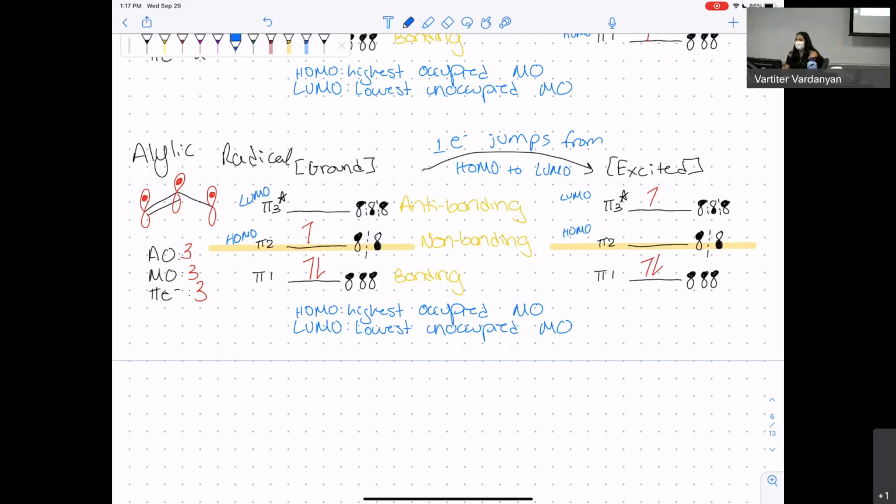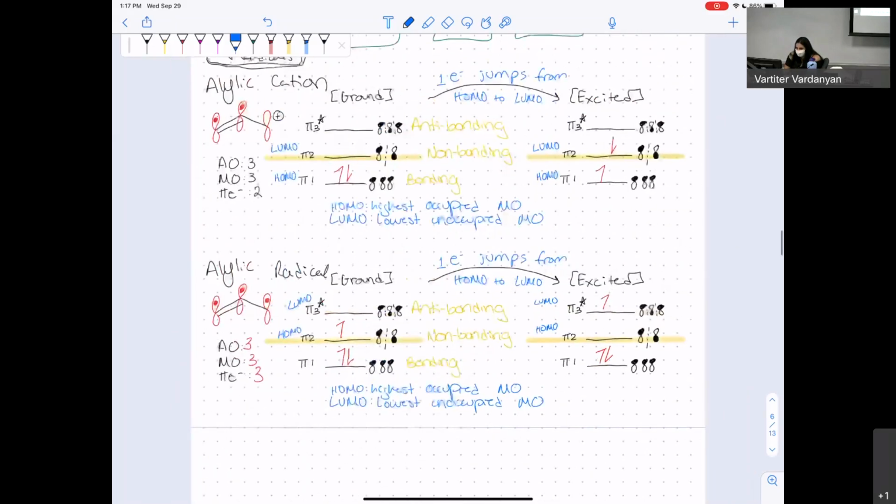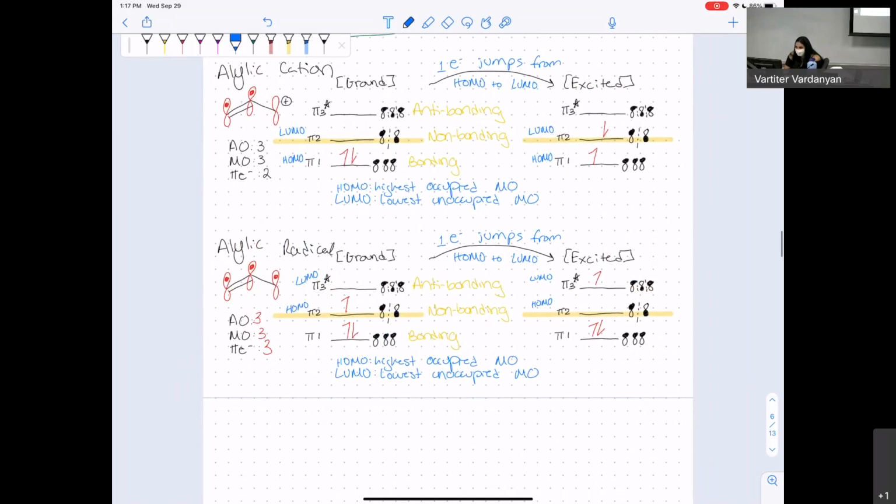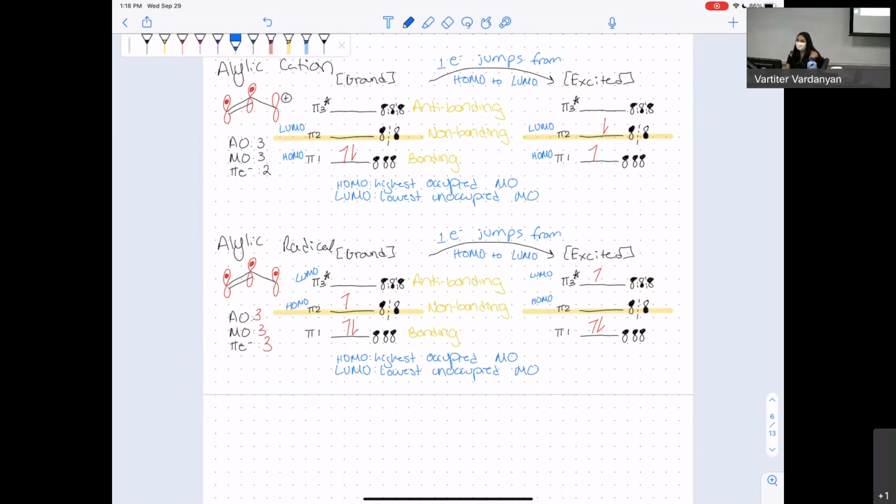Any questions about the radical? Okay, so I will just zoom out a tad so you can see both at the same time. Any questions comparing and contrasting the two? Yes.